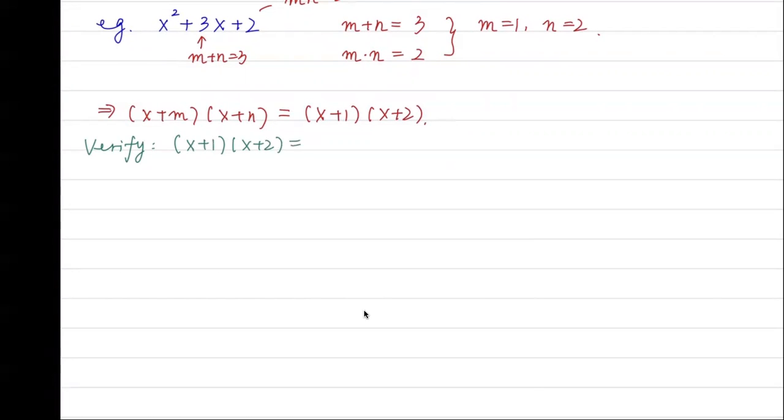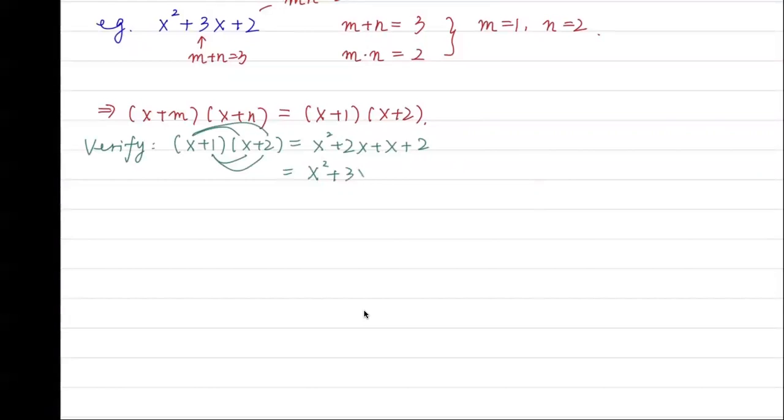The distributive rule applies here: x times x is x squared, x times 2 is 2x, 1 times x is x, 1 times 2 is 2. We combine the like terms.